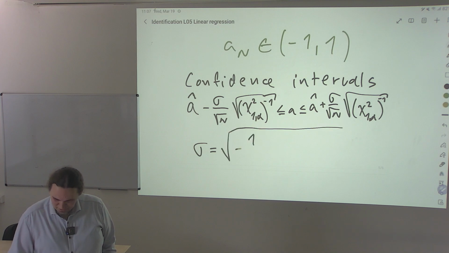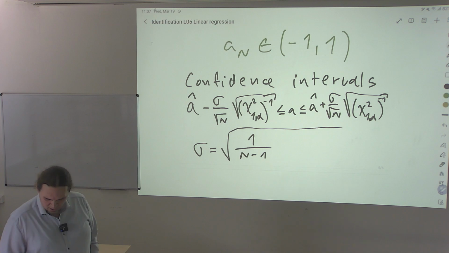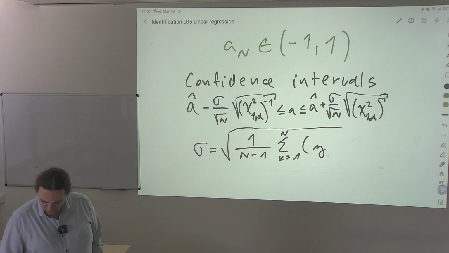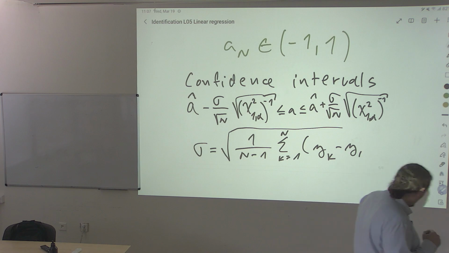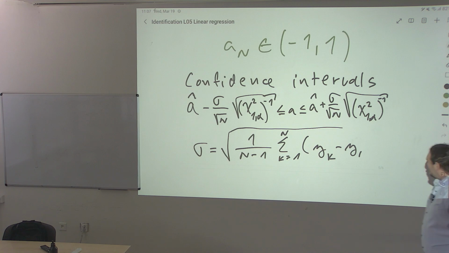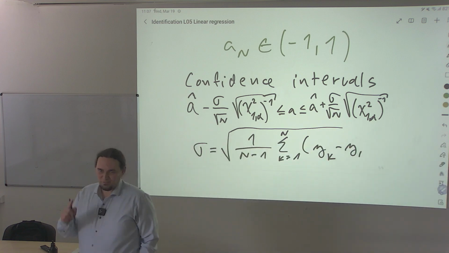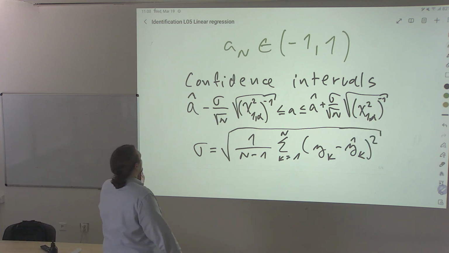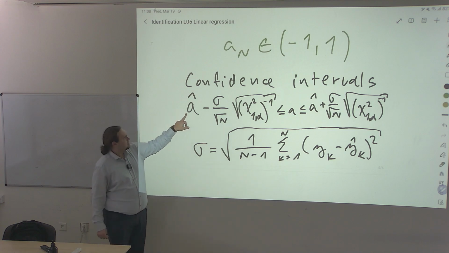Well, if there were not enough square roots, here is another one, and this is the square root of the sum of the deviations of our data with respect to our model, right?